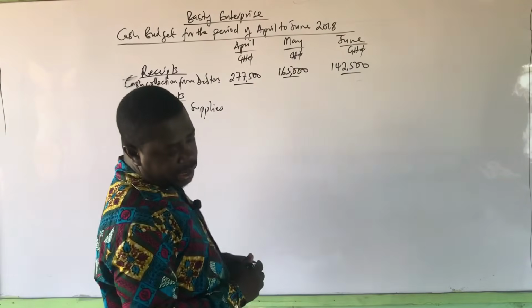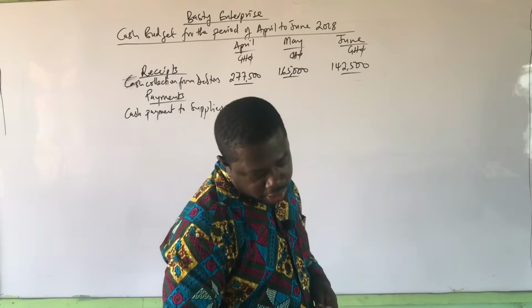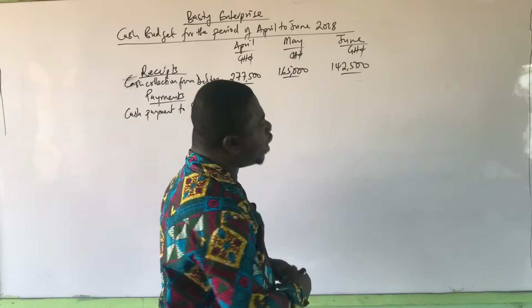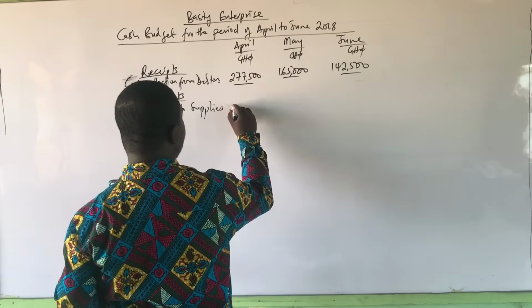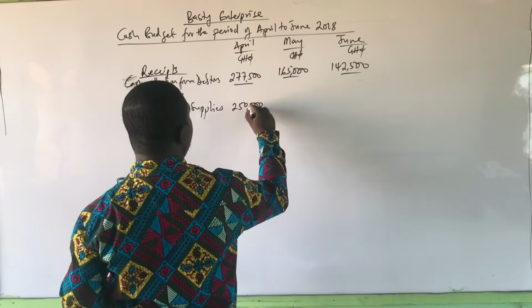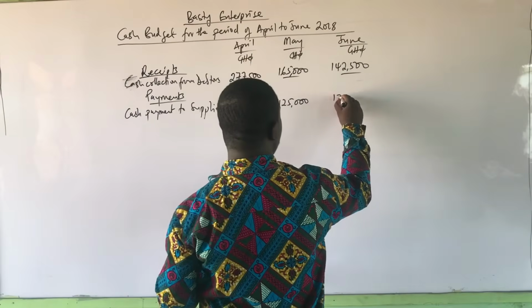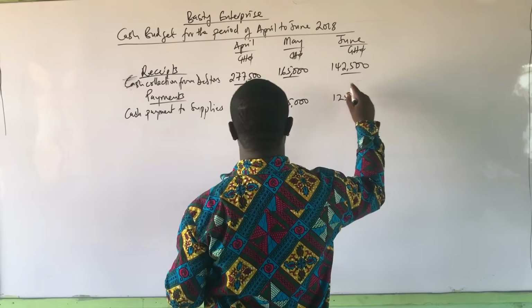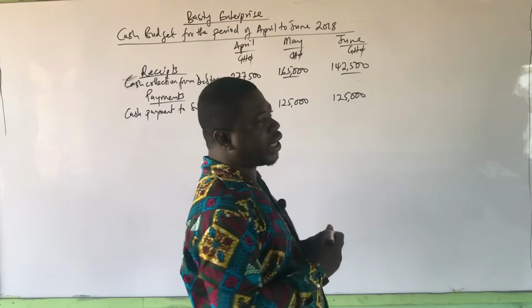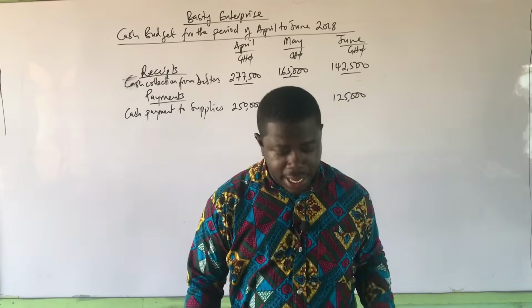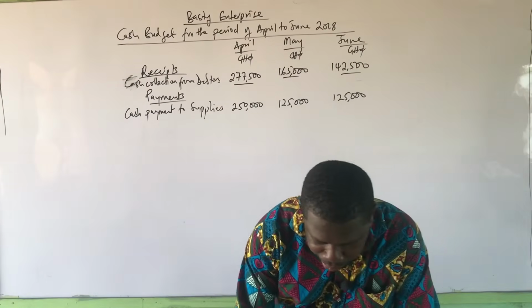From what we just calculated, what was the total cash payment to creditors? We are using April to June. And so April is 250,000, May is 125,000, and June was also 125,000, if you can remember from what we just worked. And so now let's go back to the question and find out if there are any other payments.